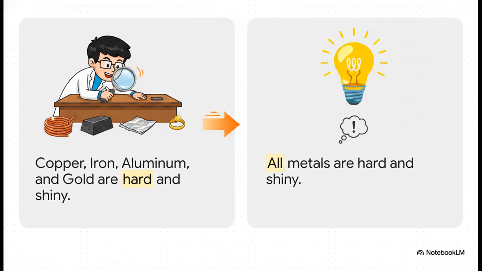They observe them, they compare them, and they realize, hey, these are all hard and they're all shiny. Then, through your careful guidance, they arrive at the general principle. They confidently conclude that all metals are hard and shiny. This perfectly illustrates that specific to general flow. You didn't tell them metals are hard and shiny. They discovered it for themselves by examining the raw materials.